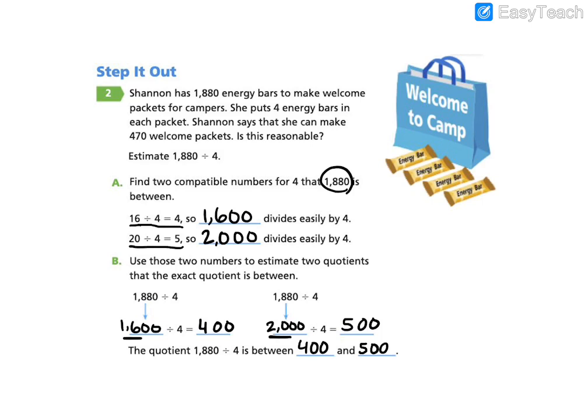So what do you think? Go ahead and answer under that yellow turn and talk right next to it. Do you think her estimate is reasonable or not?